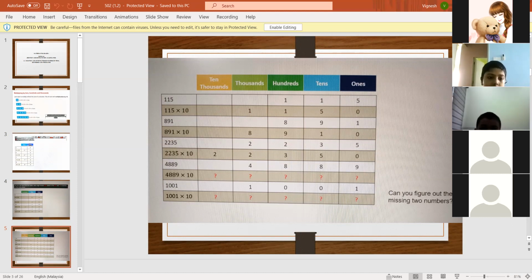Teacher wants to ask, what is the missing number? Can you all figure out the missing two numbers there, when 4,889 is multiplied by 10 and 1,001 is multiplied by 10? What are your answers?